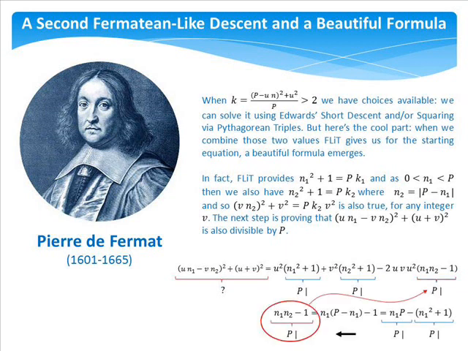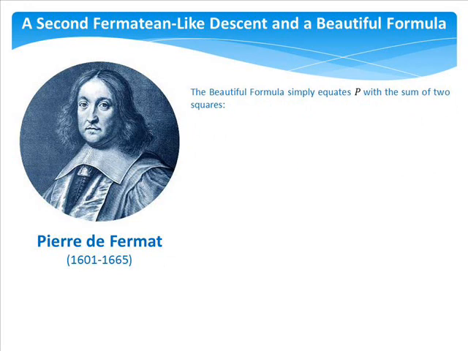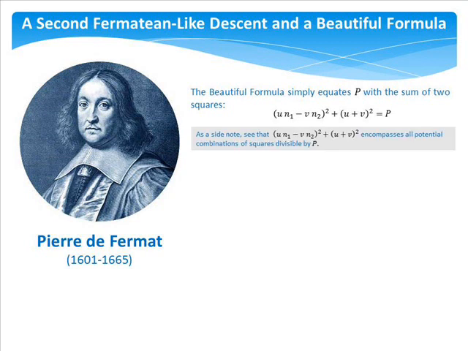Thus, p divides n sub 1 times n sub 2 minus 1. And so p divides all three terms at the right side of the equal sign. And so p also divides the sum of the terms at the left side of the equal sign. The beautiful formula simply equates p with that sum of two squares. As a side note, see that the sum of squares encompasses all potential combinations of squares divisible by p.